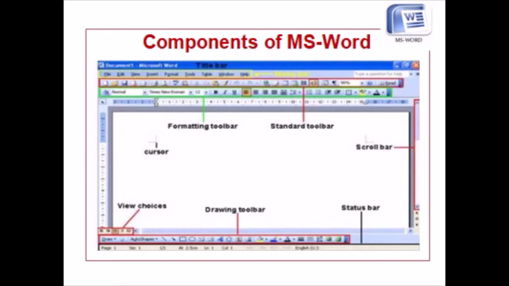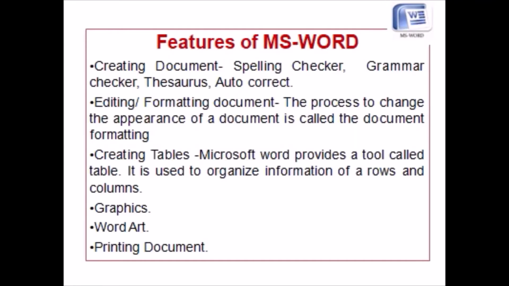There will be a cursor, and also there are scroll bars to the left or right or above and below. And also there are the word choices, the drawing toolbars for the specific drawing purpose, and also the status bar.